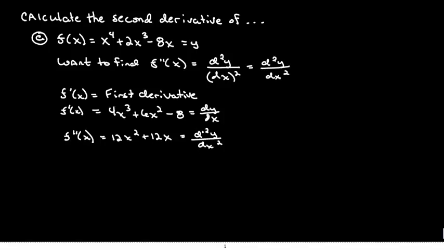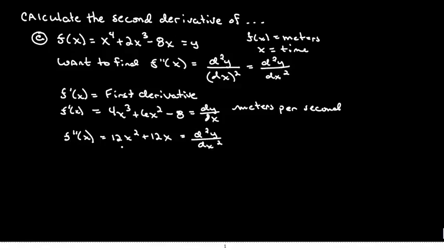Now, if this was position and x was time, and f of x was in meters, then f prime is meters per second, just like you would think of velocity.